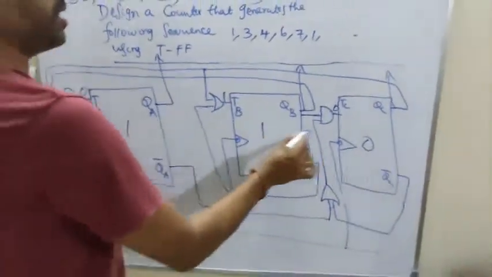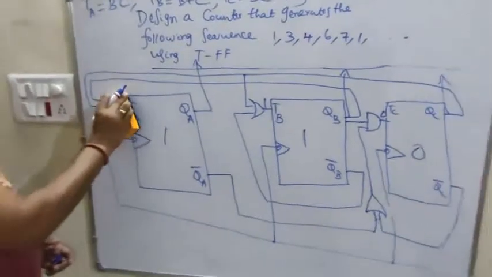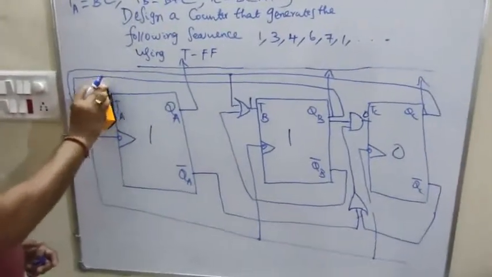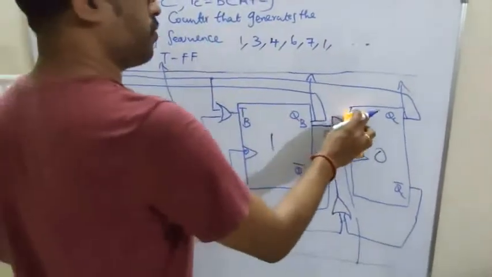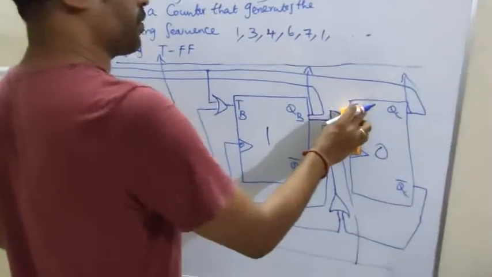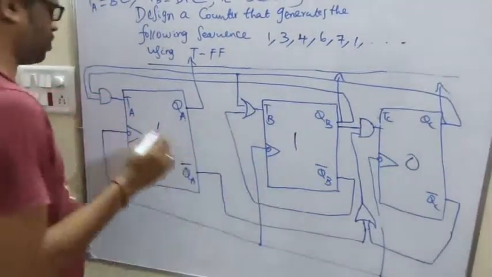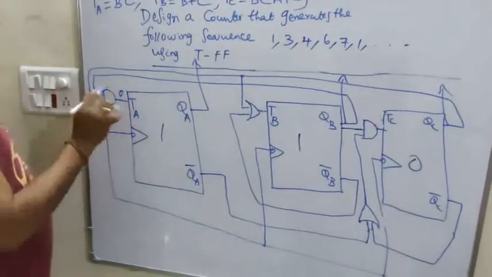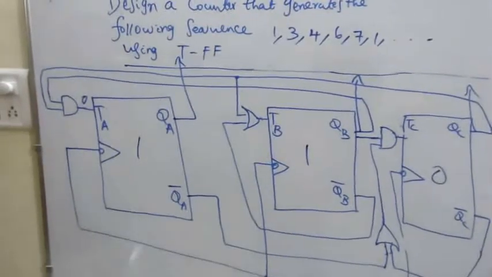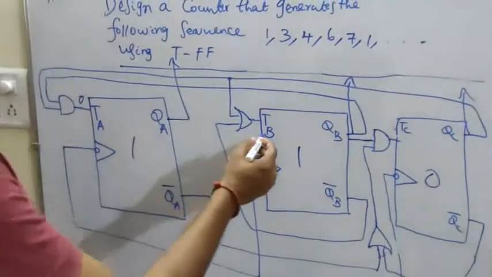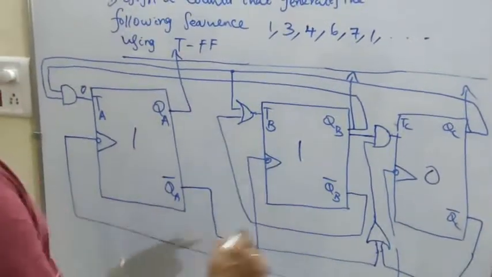That is 1, 1, 0. With these values of the flip-flops, we need to find the fresh inputs for finding the next state. TA becomes BC, but C is 0, so if you perform an AND operation, TA input becomes 0. What is TB? TB is nothing but B dash plus C. What is B dash? B dash is 0.